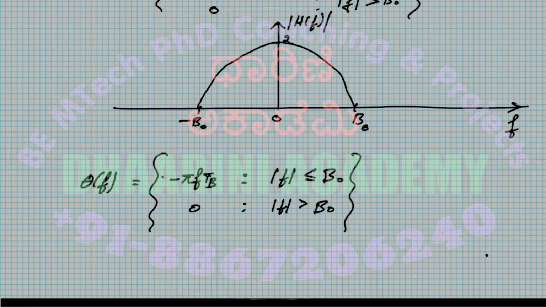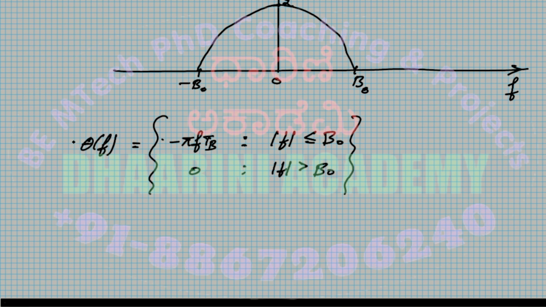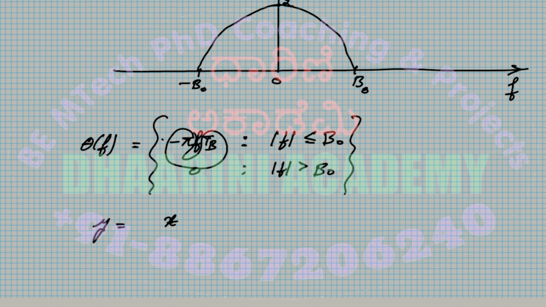Now you see f is a frequency, so f is my variable. On the left hand side, take theta of f; I call it y. f is my input, so I'll call it x. The minus pi and tb, whatever you see, is a constant, correct?